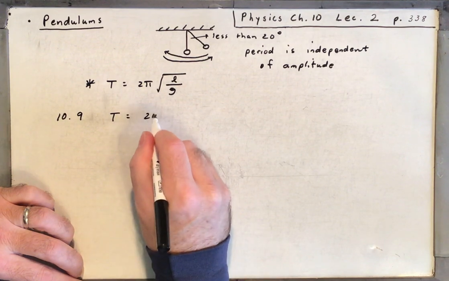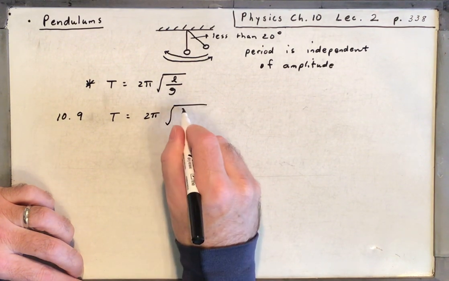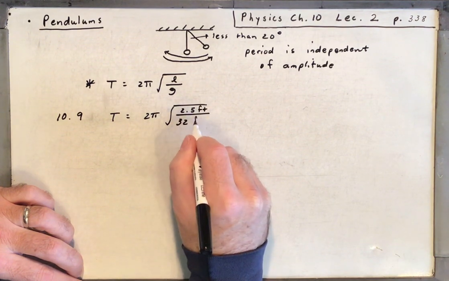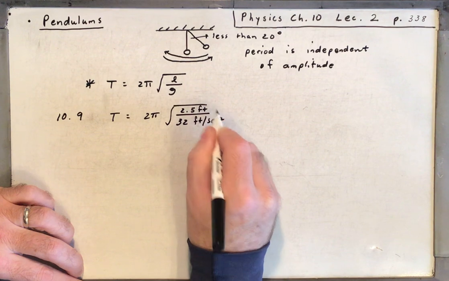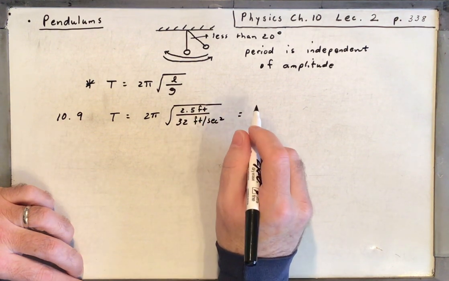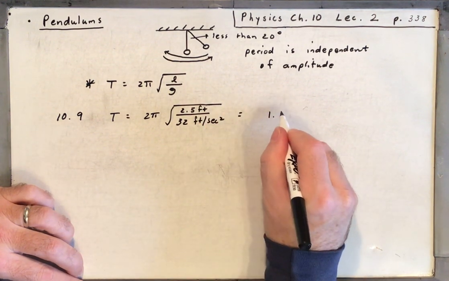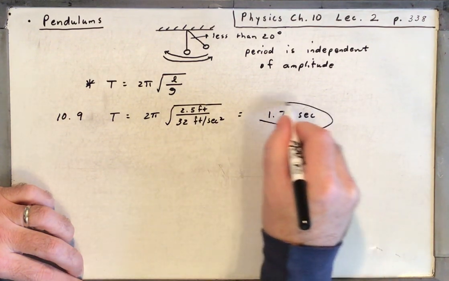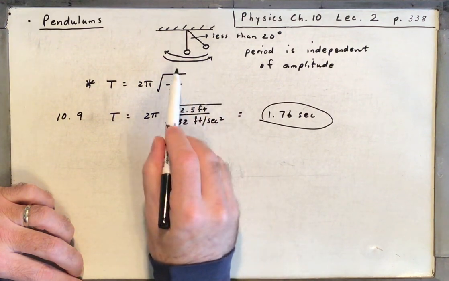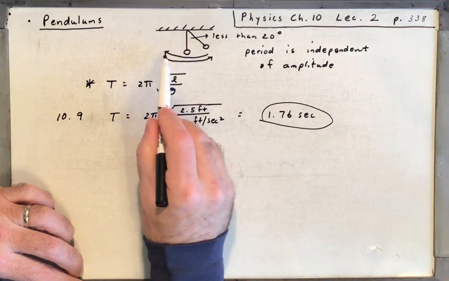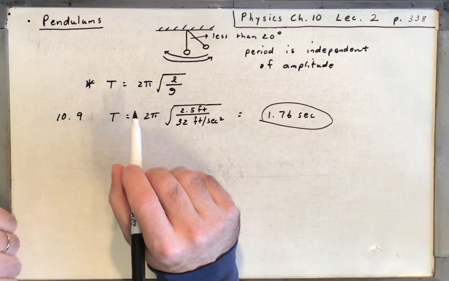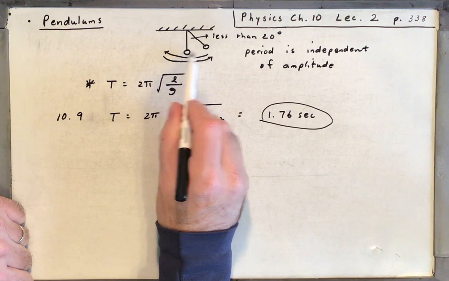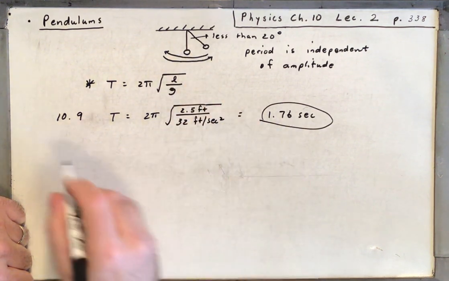So 2 pi times the square root of 2.5 feet over 32 feet per second squared. That's 1.76 seconds. So for a 2.5 foot pendulum, that's pretty long. It takes 1.76 seconds for it to get out and back again. To get out once, it would be half of that. To get to straight up and down, it'd be a fourth of that number.